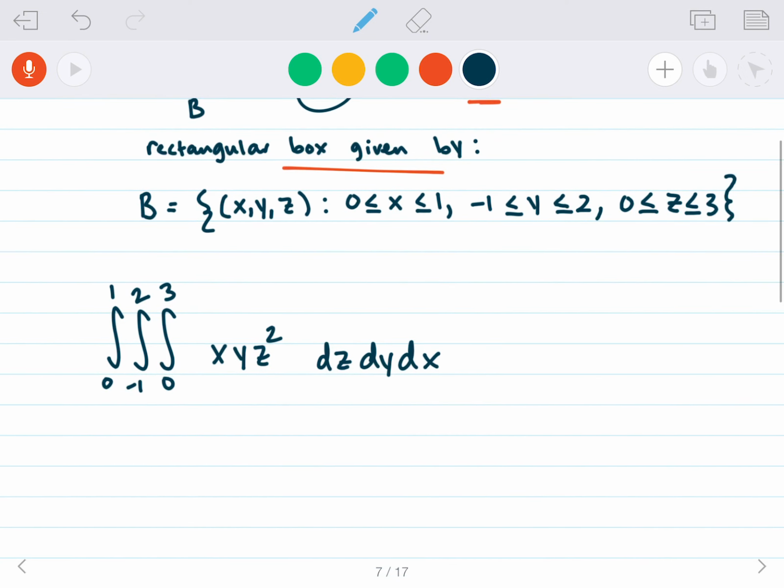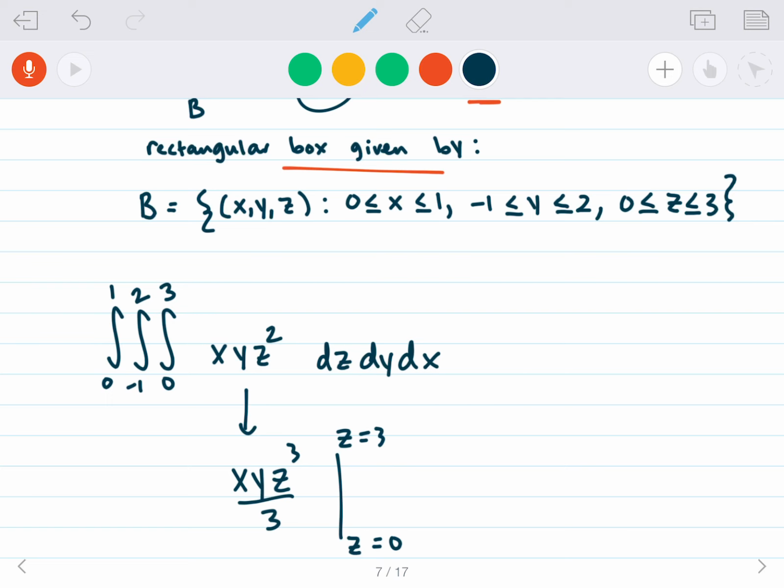Okay, so we're going with respect to z first. So again, this xy, imagine it as a constant number like 4, 5, or 6. How would you integrate 6z squared? It's pretty easy, right? You just add 1 to the power and divide by whatever you get when you do that. Same thing. So when I integrate this with respect to z, it's just xyz to the 3 over 3. And I'm going from, and I'm actually going to write this just to make it a little bit more clear, I'm going from z equals 0 to z equals 3.